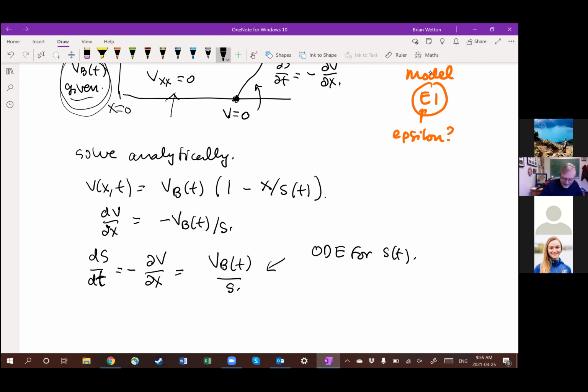And remember, I said, even though everything in this problem looks linear, it isn't. I guess I had forgotten that I had this note in the notes. This is where you can see that the problem is nonlinear. So I'm showing you the nonlinearity in this simplest case, where you can do things analytically.